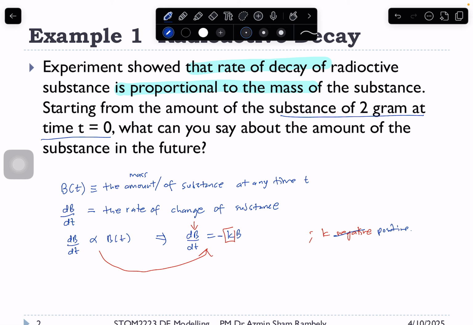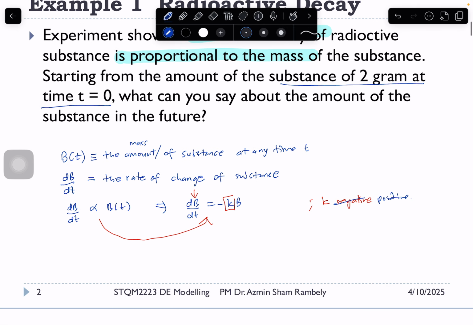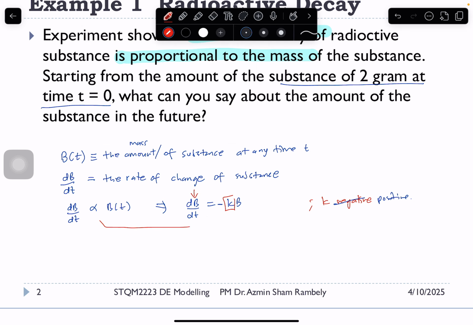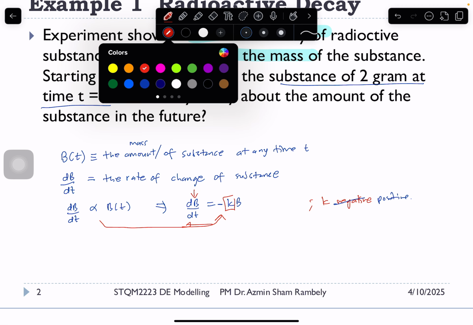You can solve this. This is a first order differential equation.